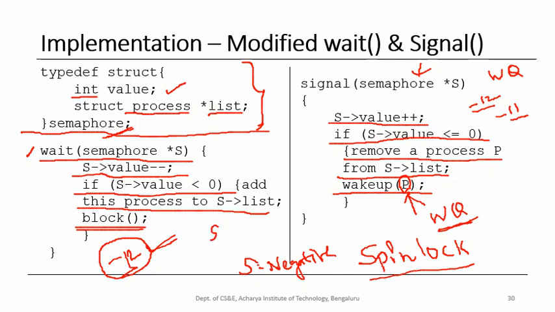If S, the semaphore, is equal to 0, no process is waiting to enter into the critical section. So that's how we can make use of the modified wait and signal operations to achieve process synchronization among the concurrently running processes. That's how we could use a semaphore as a synchronization tool.